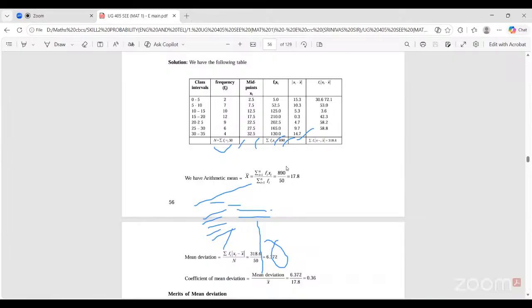And also 7.5 minus 17.8 is 10.3, 12.5 minus 17.8 is 5.3, 17.5 minus 17.8 is 0.3. So all the values are here. f into the modulus of x minus x bar we are also multiplying here. 5 into 15.3, you have to cross check.